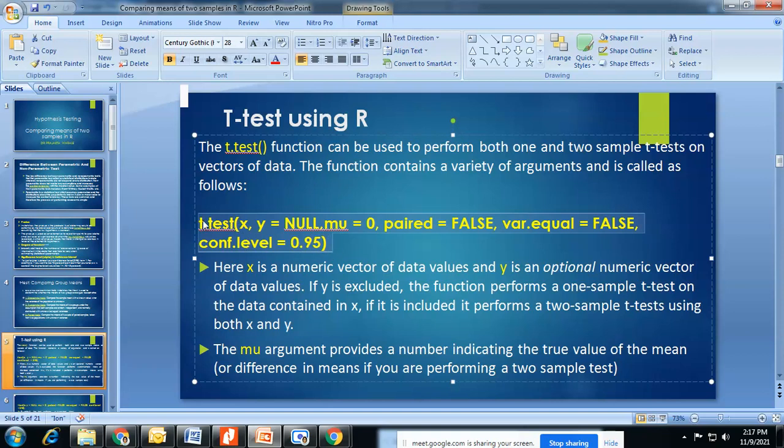These are the input parameters, called the arguments that we are passing to the function t dot test.